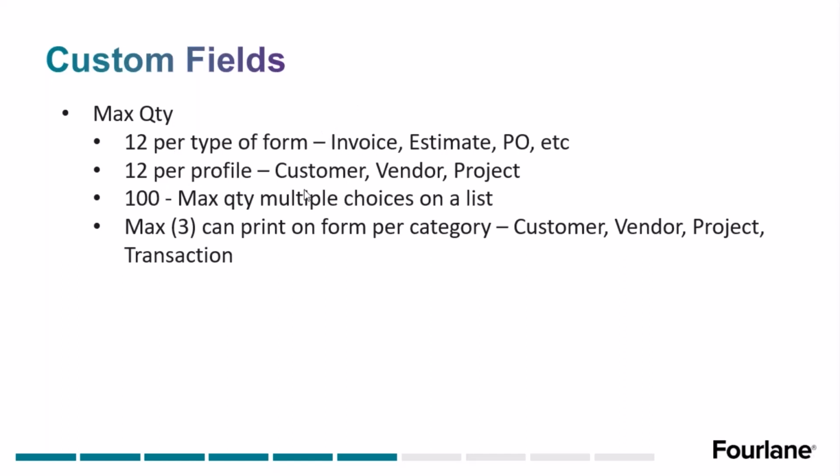You can have 12 per profile: 12 on the customer, 12 on the vendor, 12 on the project. They also have multiple choice lists, which we'll look at in a little bit, with a maximum quantity of 100 on the multiple choice list. I'll show you what that looks like. And again, you can print 3 on a form.